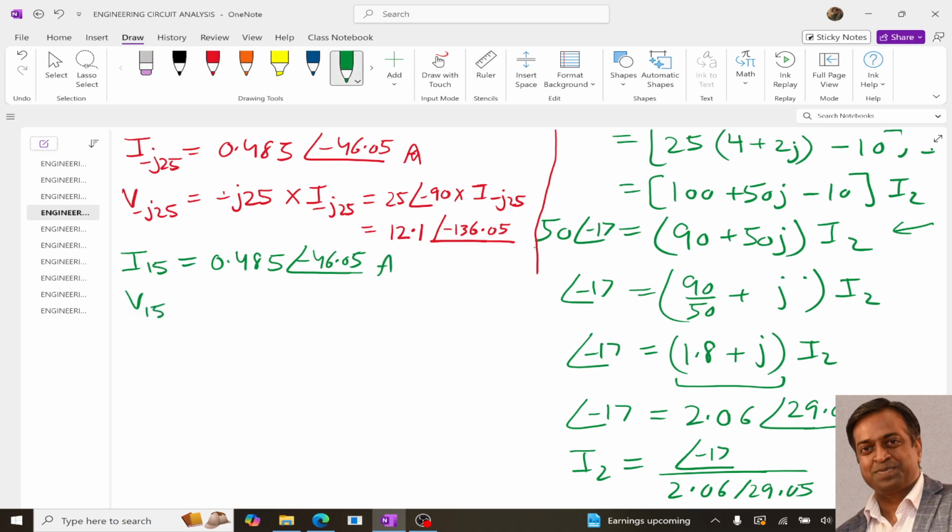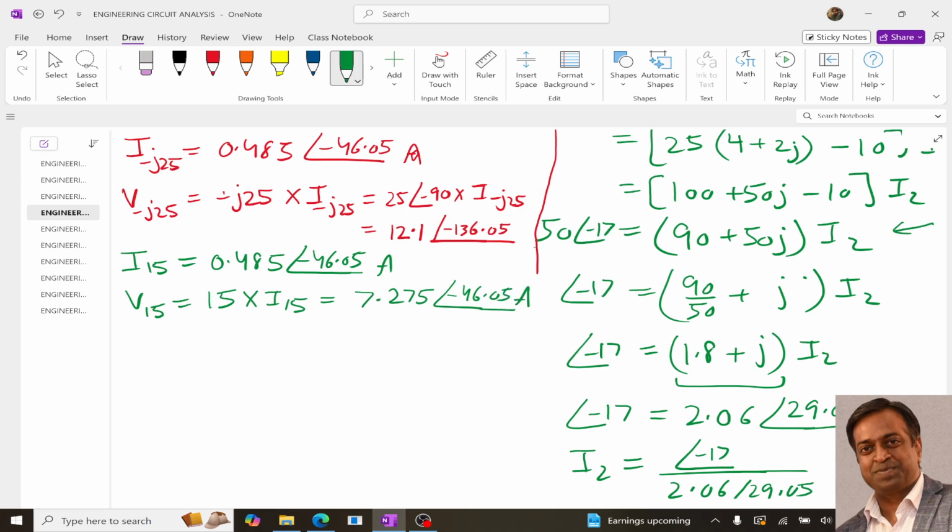The voltage will be simply 15 into I15, so we will get the answer 7.275, angle the same, minus 46.05.